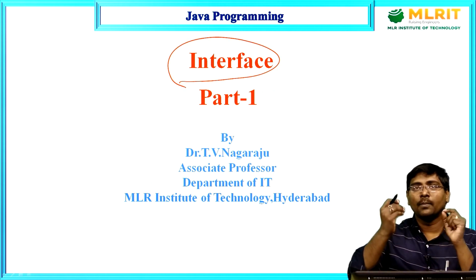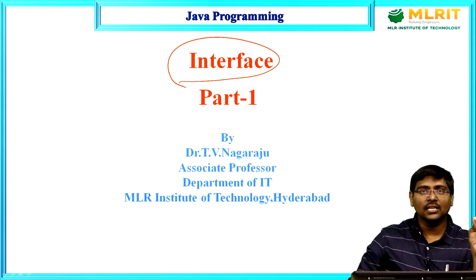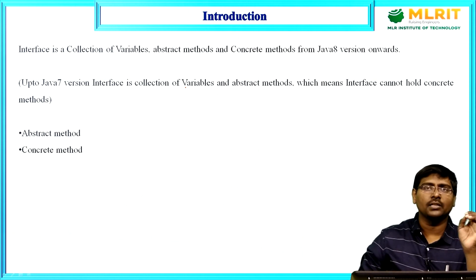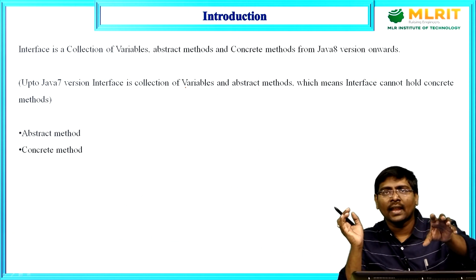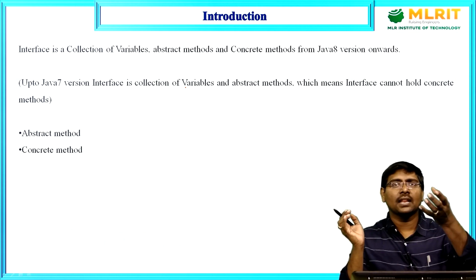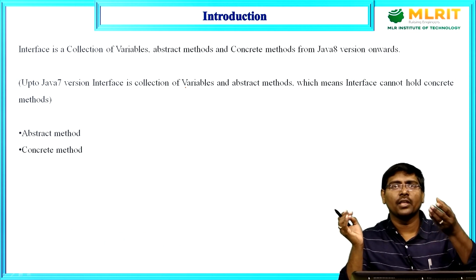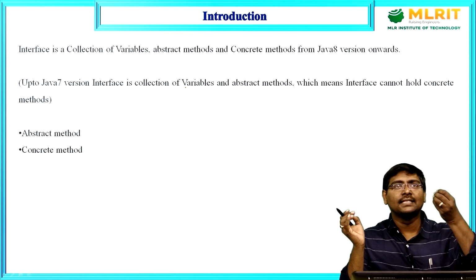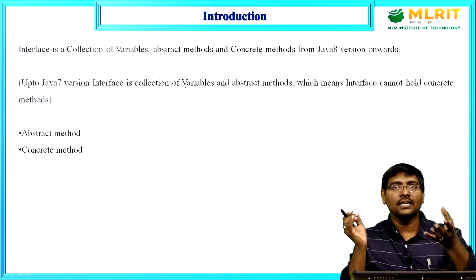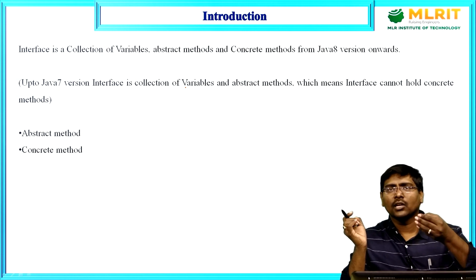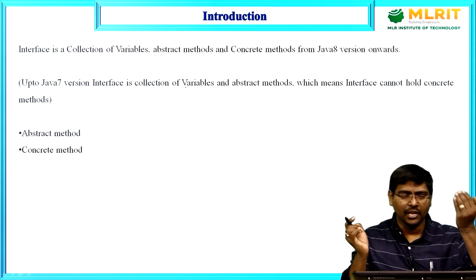Now, coming to this session, we will discuss the concept of interface. What is an interface? Similar to a class. What is a class? Class consists of some set of variables and methods. Exactly in the same fashion, interface is also a collection of methods and variables.